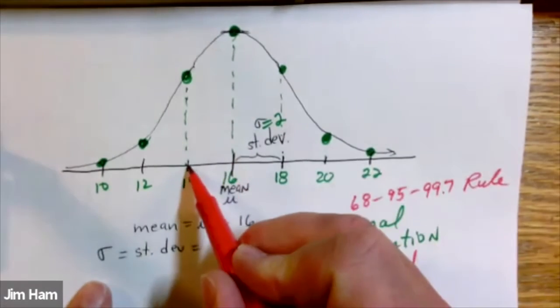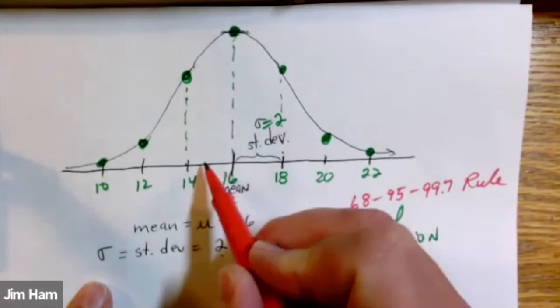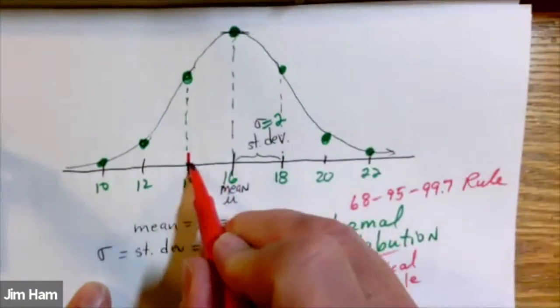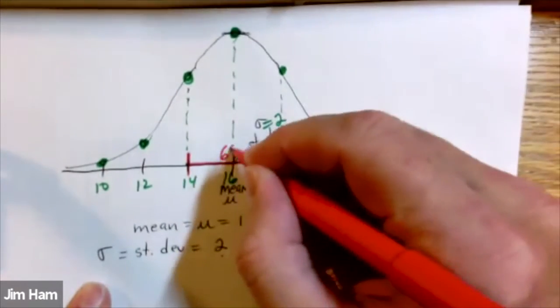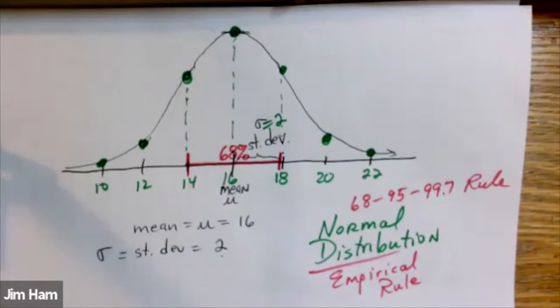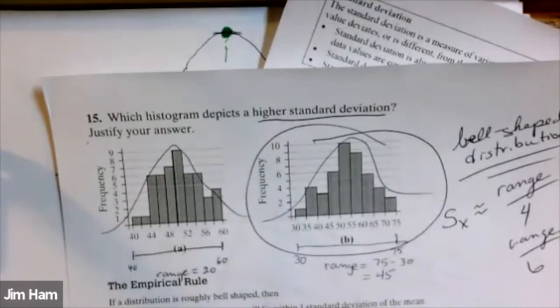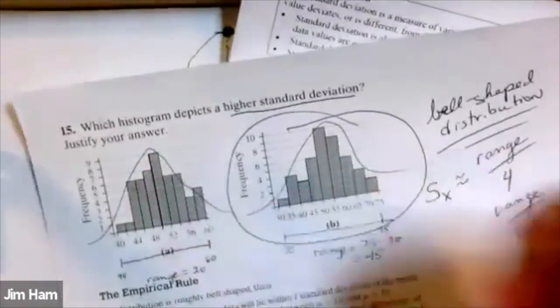If you go 1 standard deviation to the left and 1 standard deviation to the right, in this range from 14 to 18, you're going to find 68% of all of the data values. So just imagine that you had a histogram like this. If you went out 1 standard deviation to the left and 1 standard deviation to the right, about 68% would fall in that middle area.